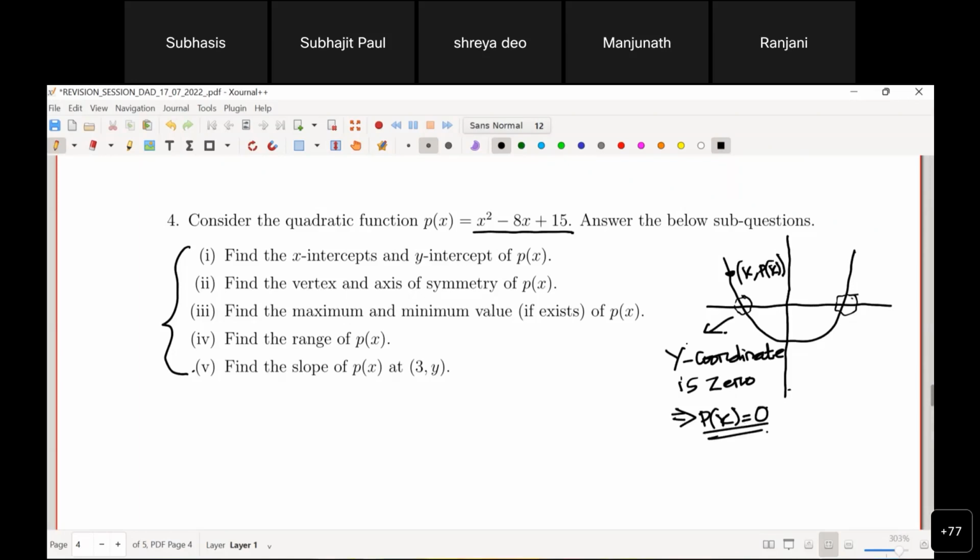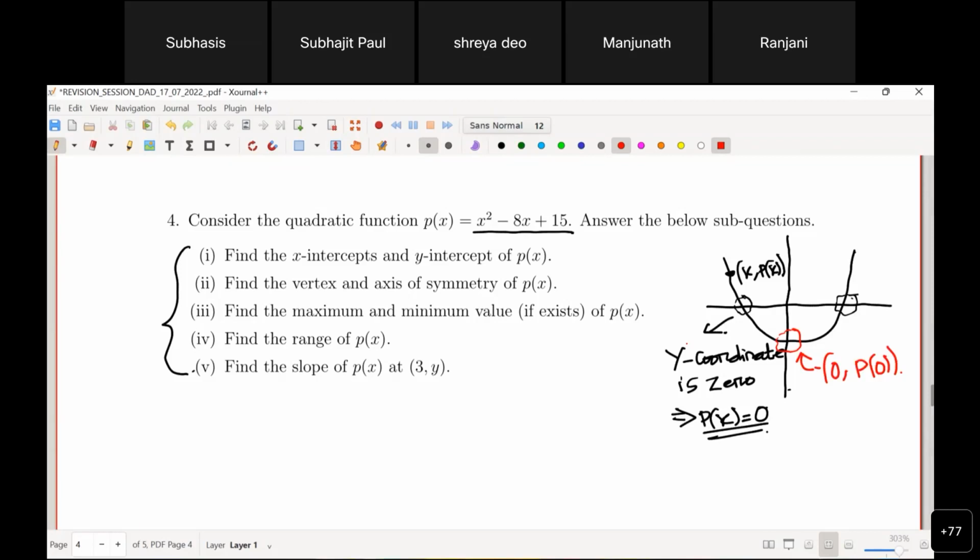And what is the y-intercept? The y-intercept is where the graph touches the y-axis. If the graph touches the y-axis, then the x coordinate at that point is 0. So the coordinate of this point is 0 comma p of 0, since the y coordinate is p of 0.